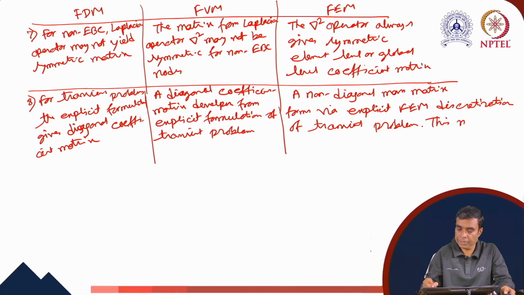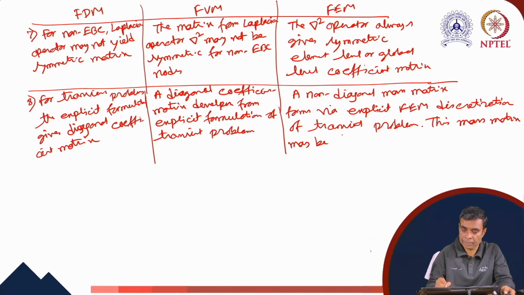This mass matrix may be diagonalized via mass lumping.